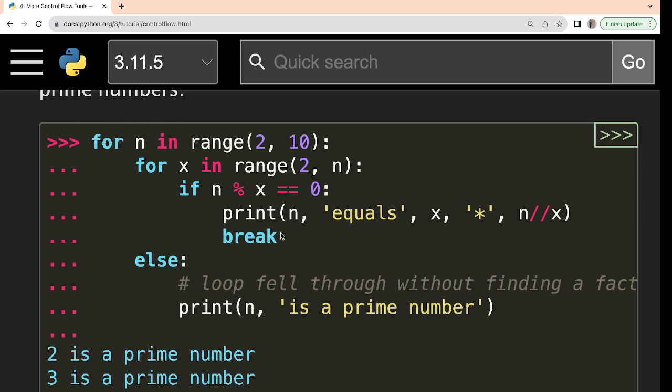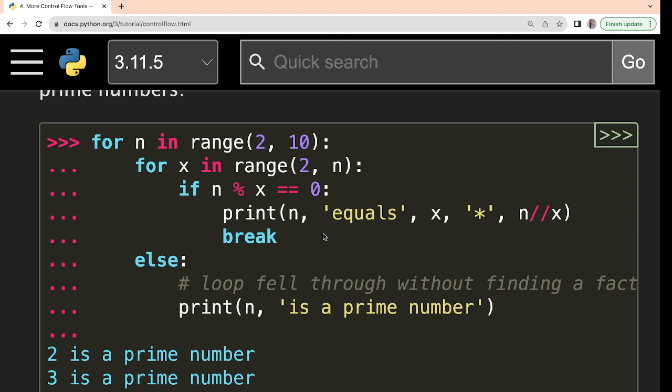And now you see they have used the break statement. That means as soon as you find one such number by which n is getting divided, it is not a prime number. So there is no point in moving ahead and checking other numbers to see whether it is divisible by them also, because you just have to check whether it is prime or not.